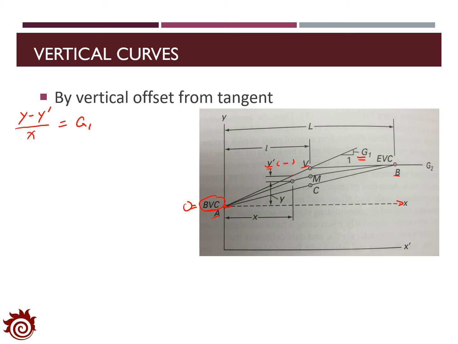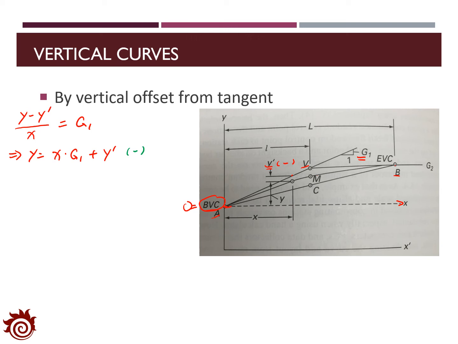So we can derive the function for y as x times g1 plus y prime. Here you should know that y prime is negative. It represents the elevation difference from the tangent line to the vertical curve.